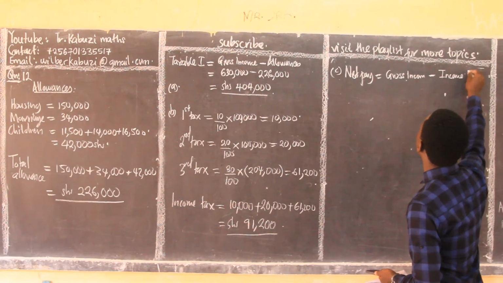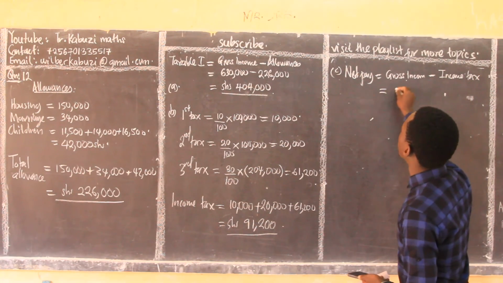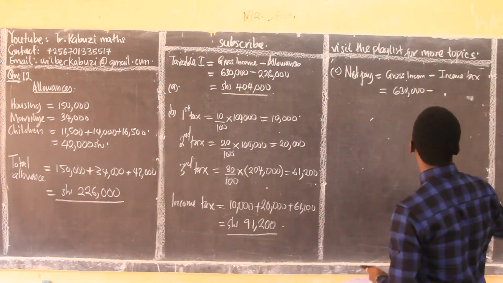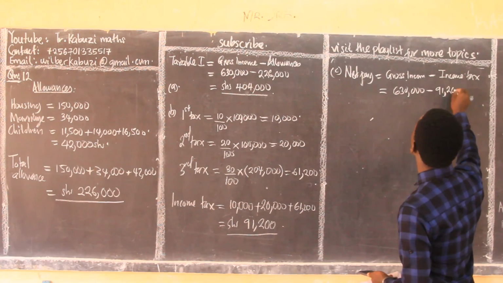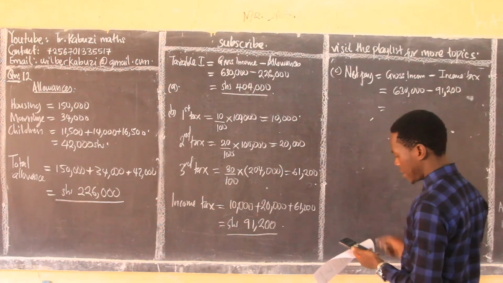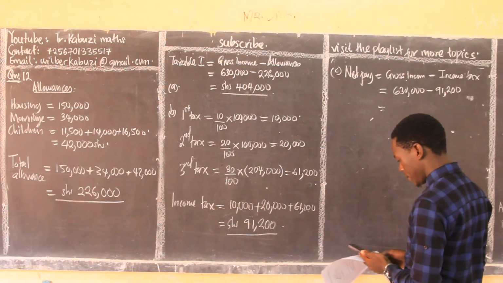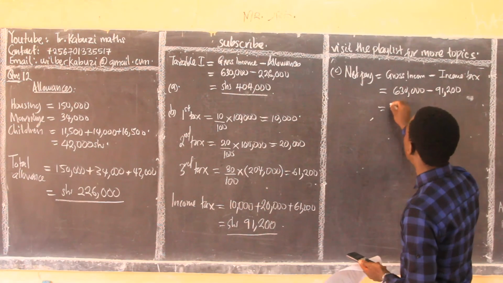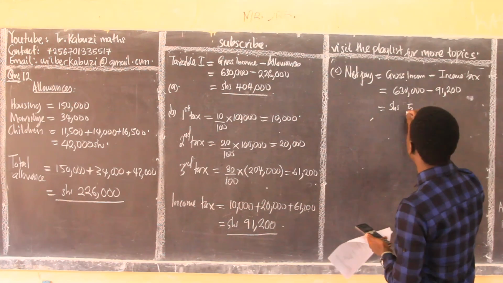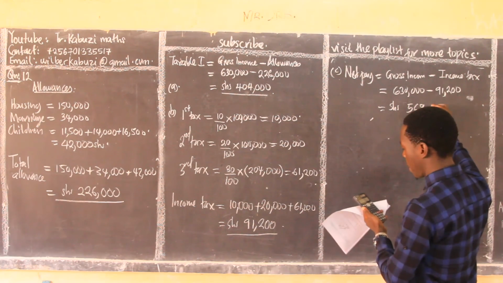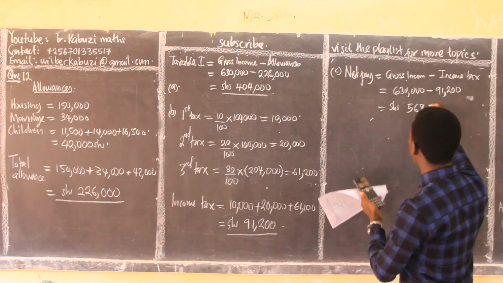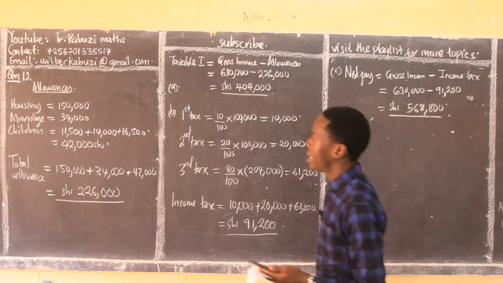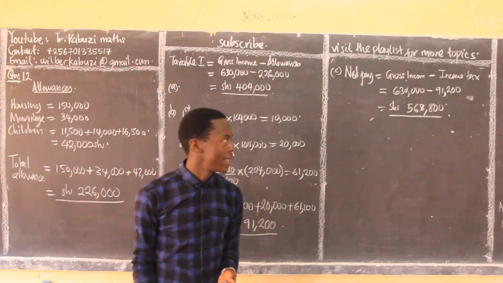After removing the taxes, our gross was 630,000, then minus the income tax of 91,200, which will give us shillings. So meaning Jane will take home 568,800. That's the money Jane will go home with.